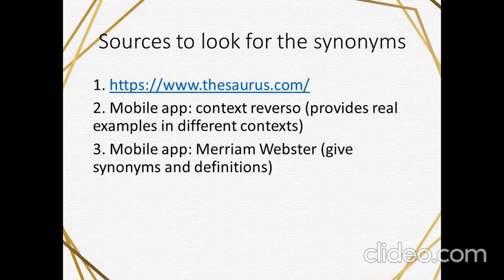The good thing about this translator is that it provides you real examples in real contexts. So let's say if you translate one word and you get only a translation in Google Translator, but in Context Reverso you get so many examples of how you can use the particular word.